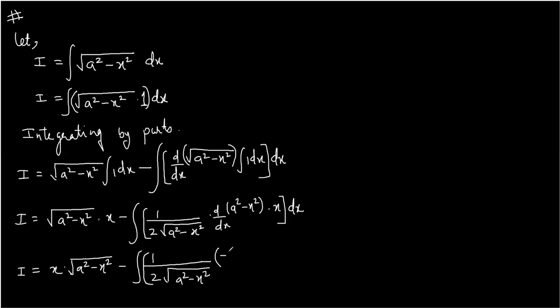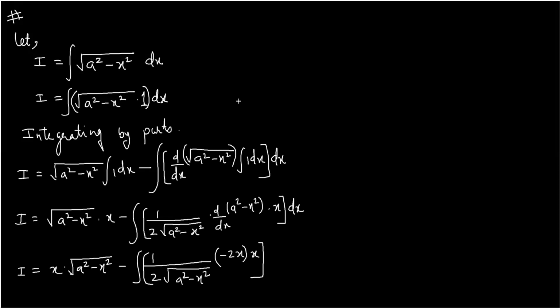So here you get minus 2x, and this is the major change that we have in this derivation compared to the other two, the earlier ones that we solved. If you remember, at this stage in the earlier two, we got the derivative as 2x, we didn't get minus 2x, but here we are getting minus 2x, and that makes the major change here.